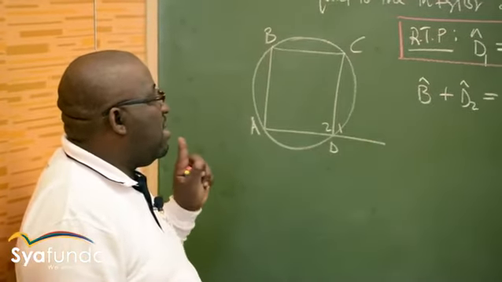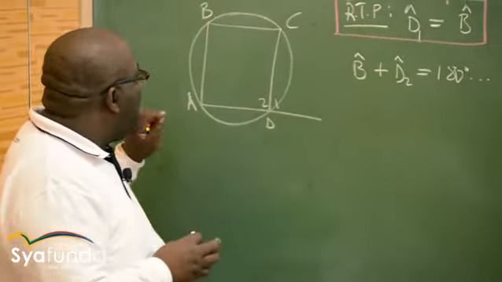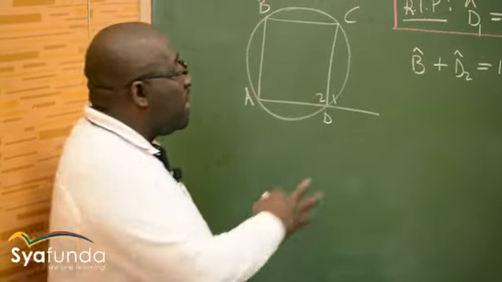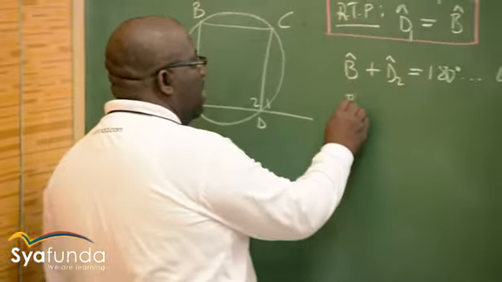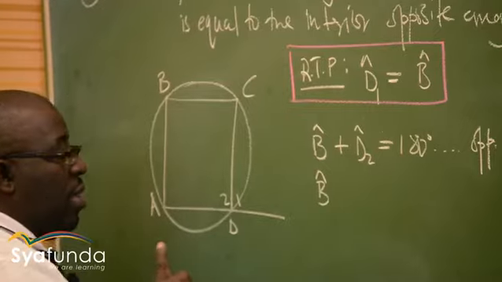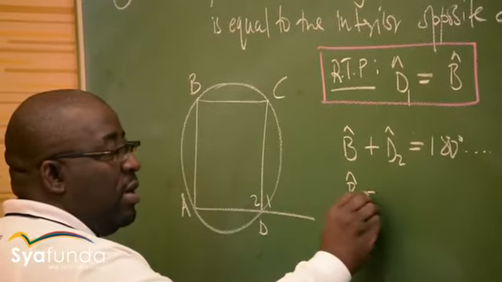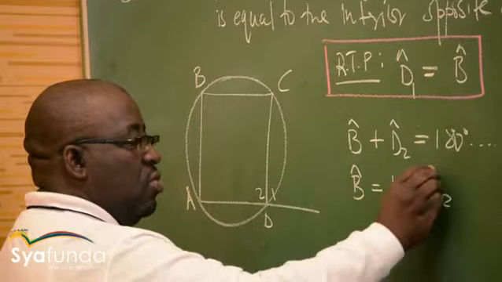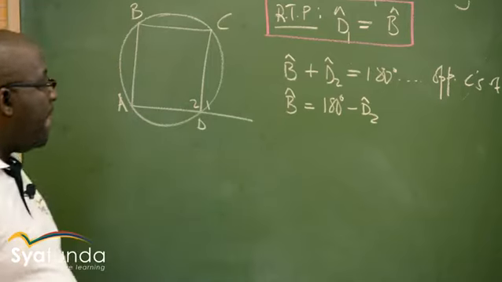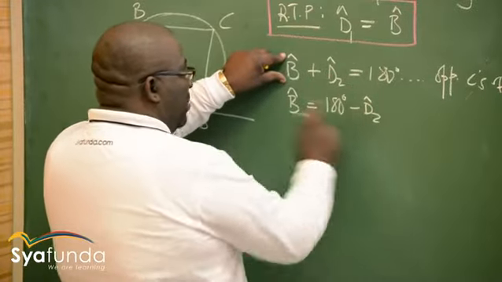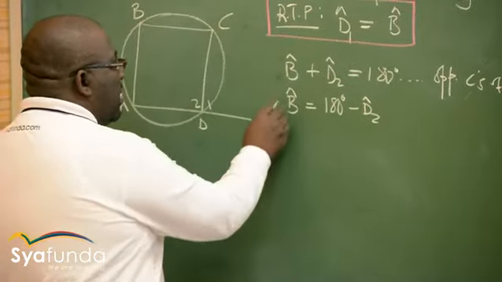Let's move on. Suppose we want to make B the subject of this formula, because we want to compare B and D1. Angle B will then be equal to 180 degrees minus angle D2. If we take D2 to this side, it becomes negative. That's one statement that I wanted to have.